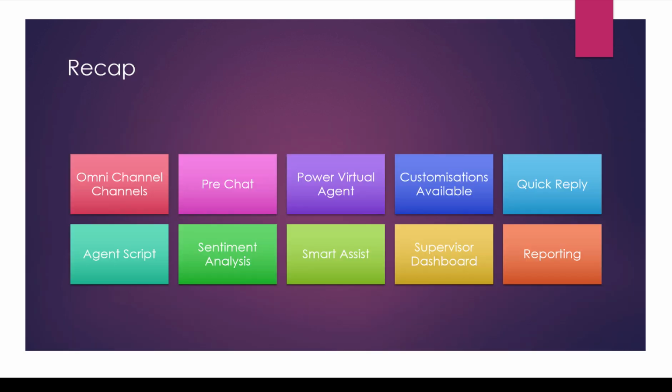Just to recap what we've gone through in this session, we've discussed all the OmniChannel channels, which are chat, SMS, Facebook. We showed how, irrespective of the channel that the conversation originated from, the process for the agent is still the same, ensuring that they have a common process, which requires less training and more familiarity.